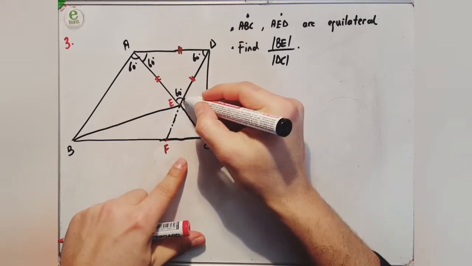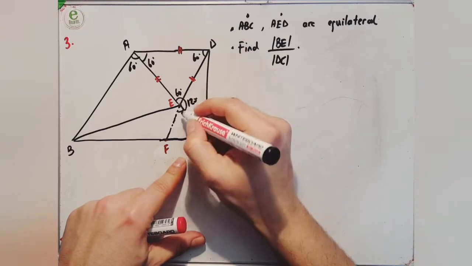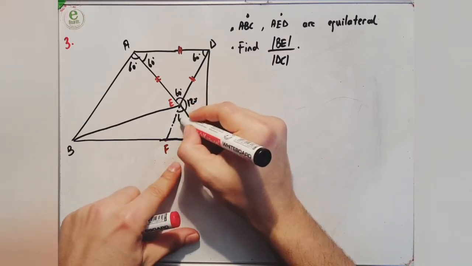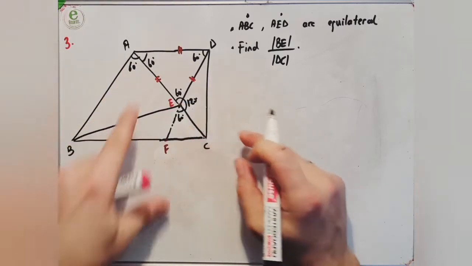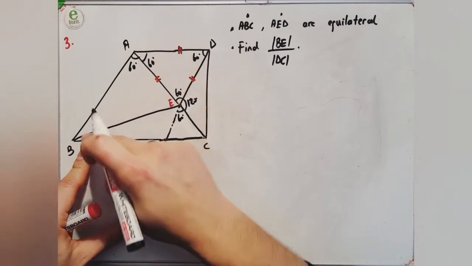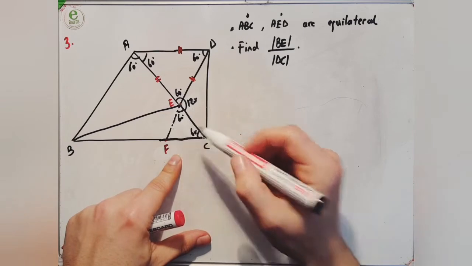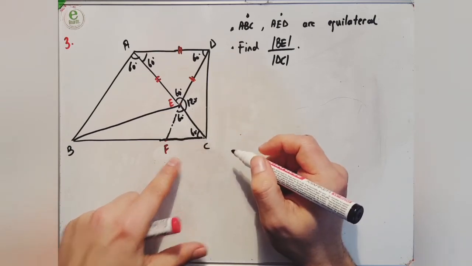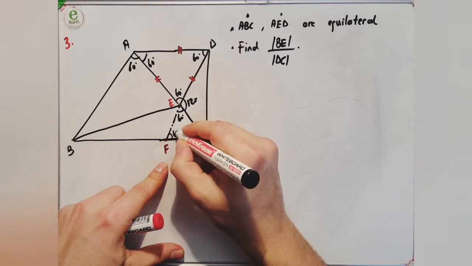So it is 60 degrees, and the adjacent one must be 120 because of the straight angle, so by vertical angles it's also 60 degrees. ABC is equilateral, all interior measures are 60. I mean that the measure of angle A, angle C and angle B will be 60 degrees. And we know that the sum of interior measures of a triangle is 180, so the measure of angle EFC is also 60 degrees.